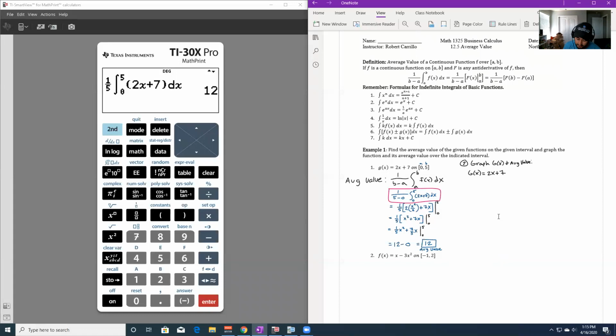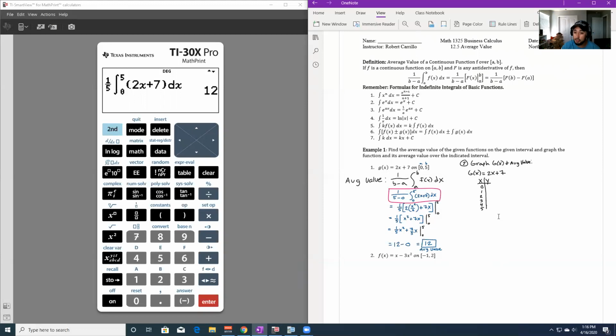So I'll make a small xy chart. And I'll pick the numbers 0 to 5. Zero, 1, 2, 3, 4, 5.